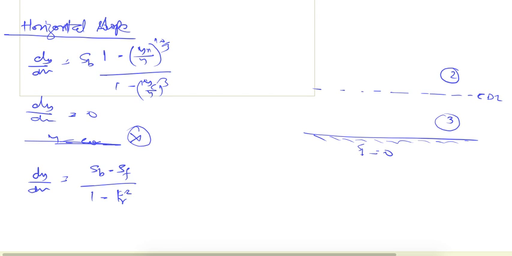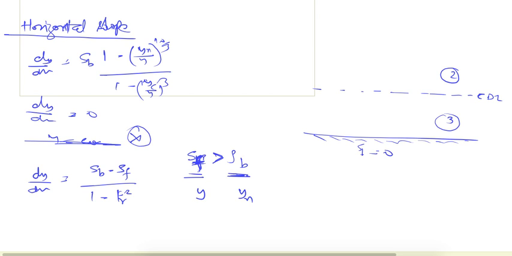So we can say if the slope of energy line, the friction slope, is greater than Sb, the bed slope, and if it is equal to bed slope, it means the flow is occurring at normal depth, and friction slope represents the actual depth in gradually varied flow.